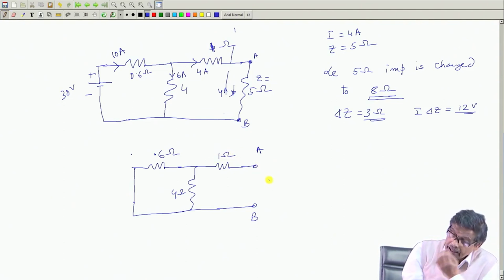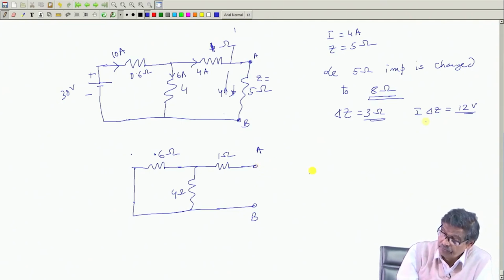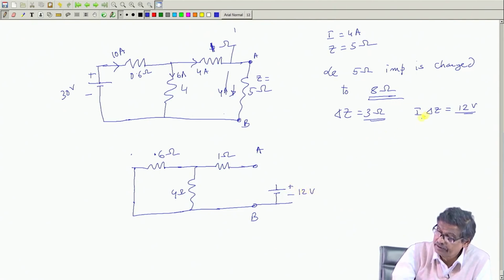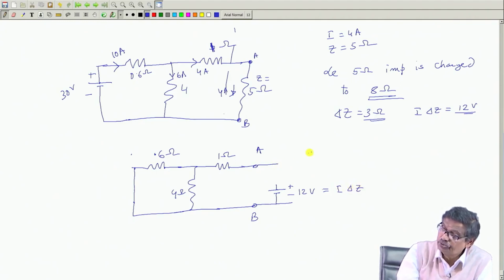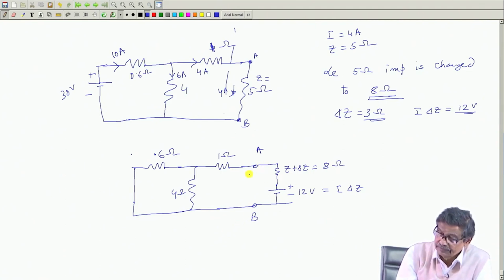This is my AB, and there you connect a voltage source of 12 volt, I into delta Z, and this impedance you show as 8 ohm, Z plus delta Z. Now, solve for this current delta I.